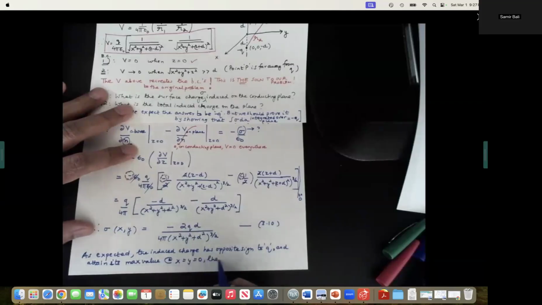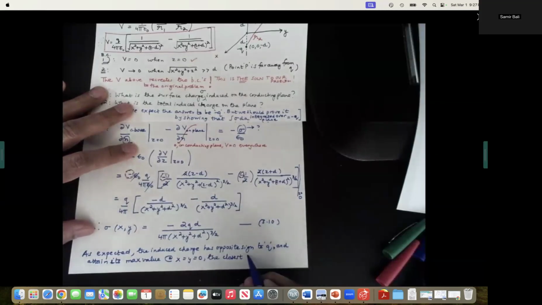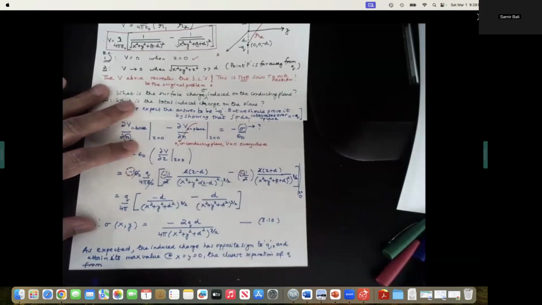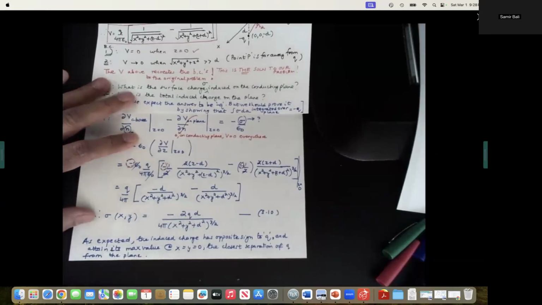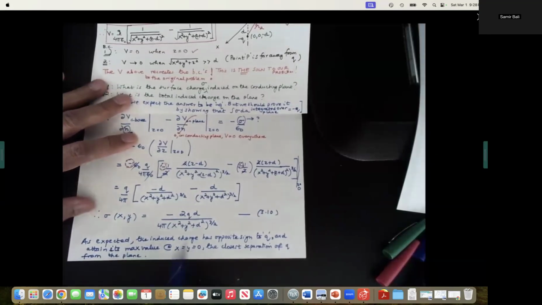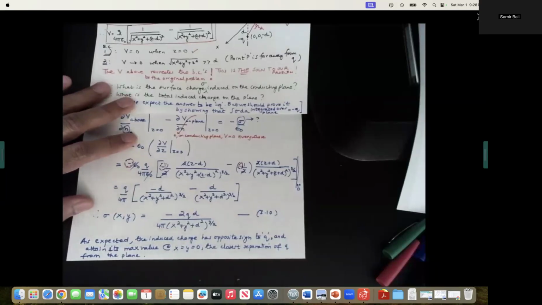Okay, the closest separation of q from the plane. Okay, so all that makes sense for fixed d, x equals y equals 0 gives you the closest separation of the charge from the plane.